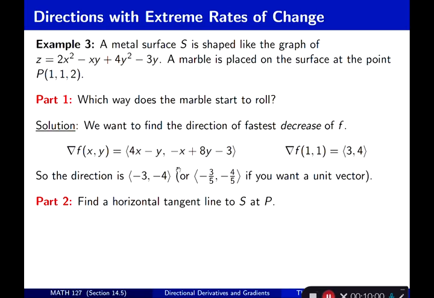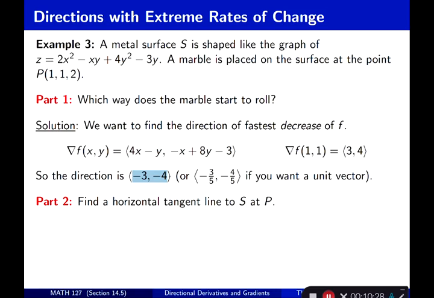How do we find a perpendicular direction to the gradient? The gradient is (-3, -4). What could I dot product with that to get 0? That would be, let's say, (4, -3), or (-4, 3), or any multiple of those.